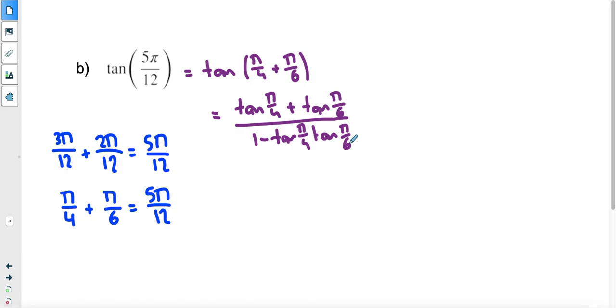And we can simplify this because, okay, tan of pi over 4. Again, let's think back to our special triangles here. If I draw my special triangle, I'll see tan of pi over 4 is equal to opposite over adjacent, or 1 over 1, or just 1.